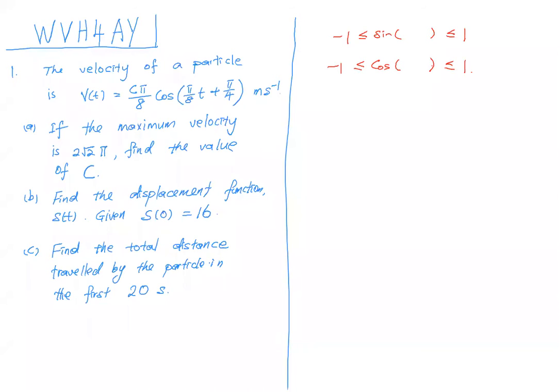So when we want to solve part A, what we need to do is cos of this angle, highest is 1, lowest is -1. So now I have to times with this, correct?